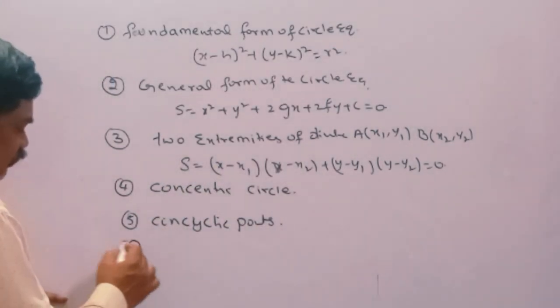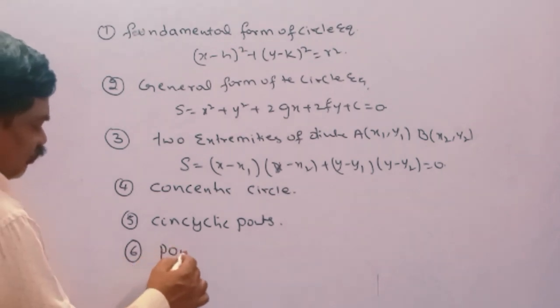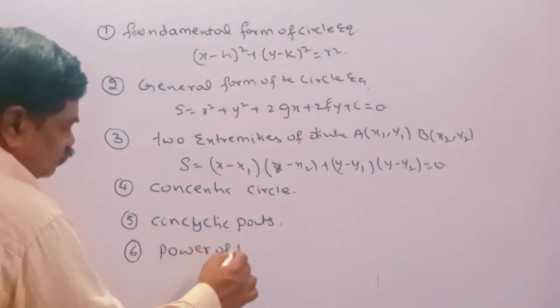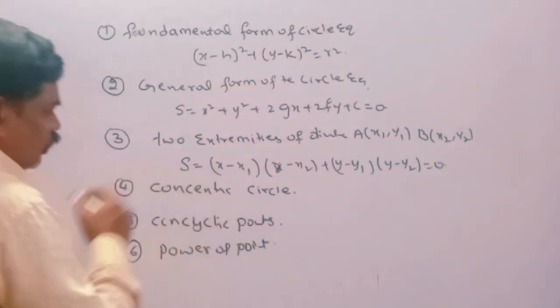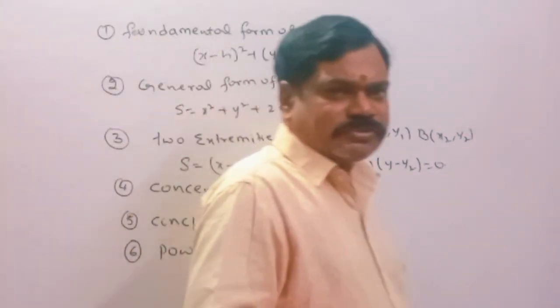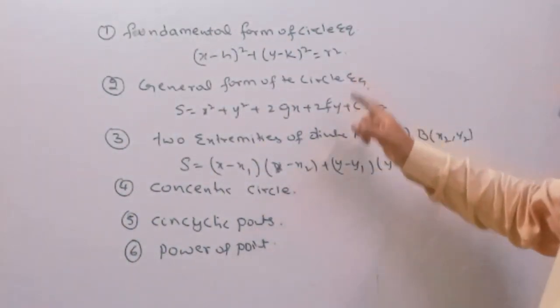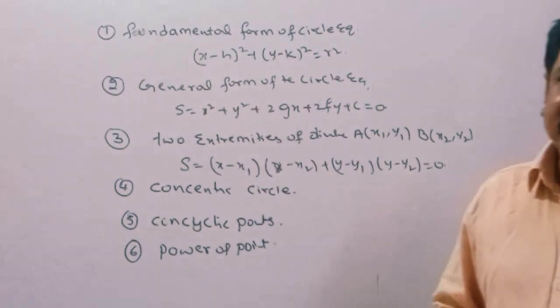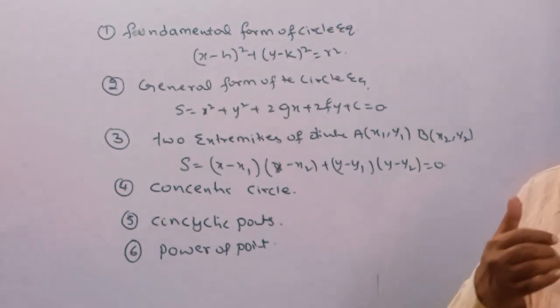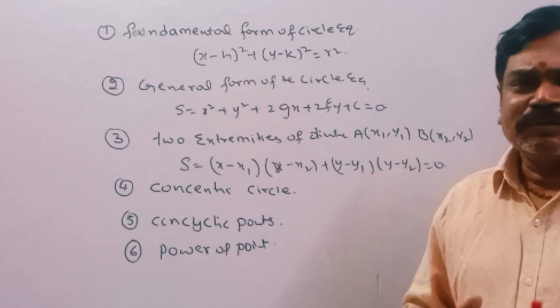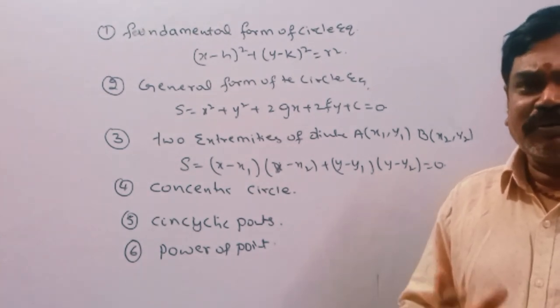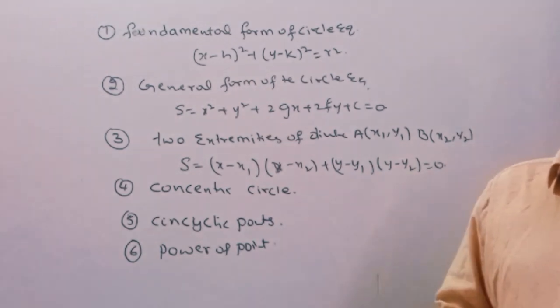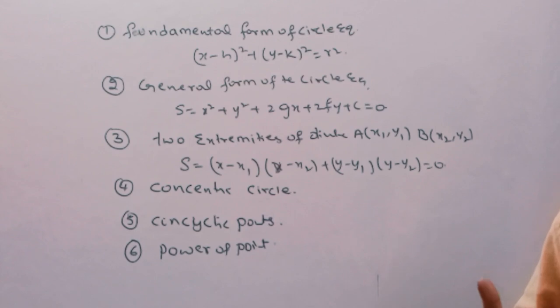And the sixth one is power of a point. So these concepts we completed in previous sessions, and we can discuss some problems from a competitive approach, that is JEE Mains and JEE Advanced.